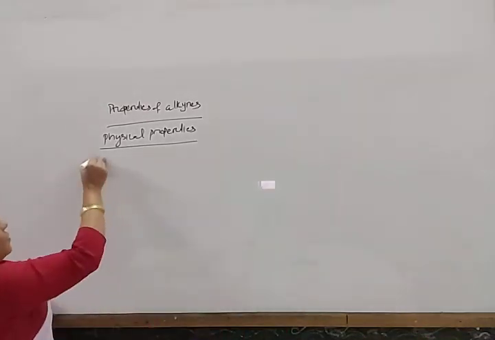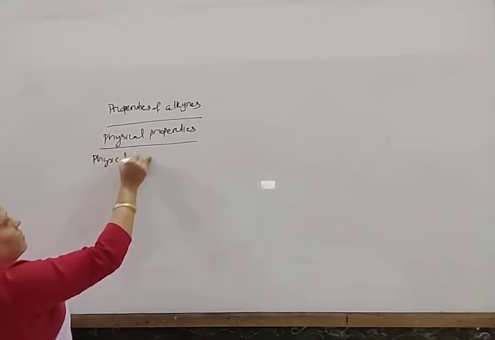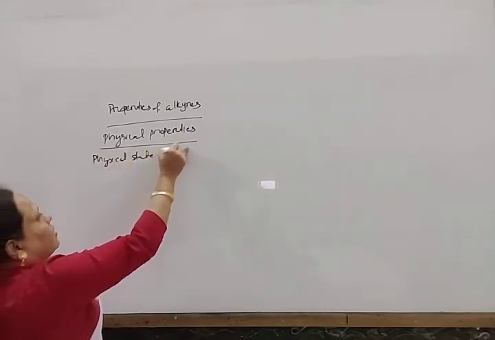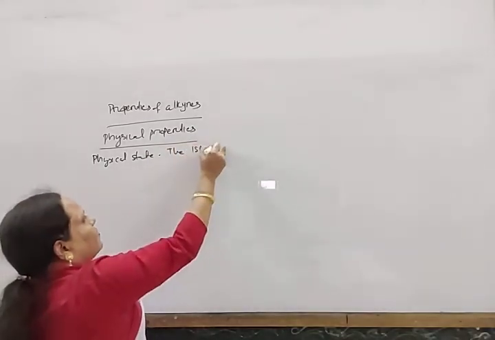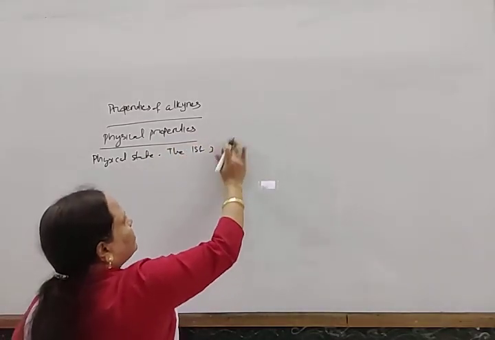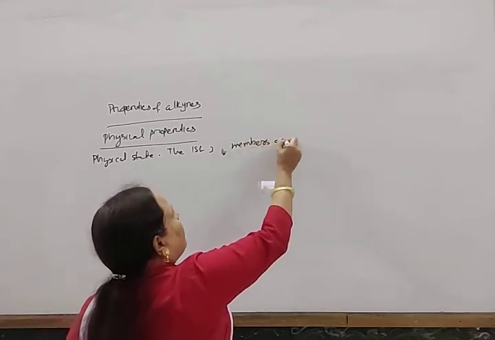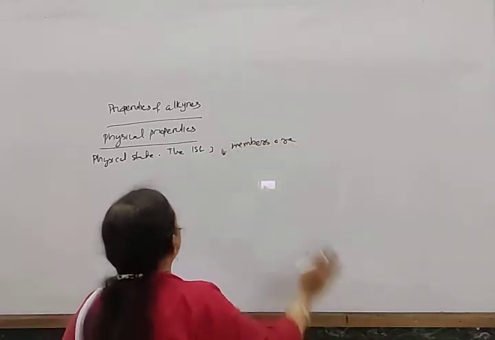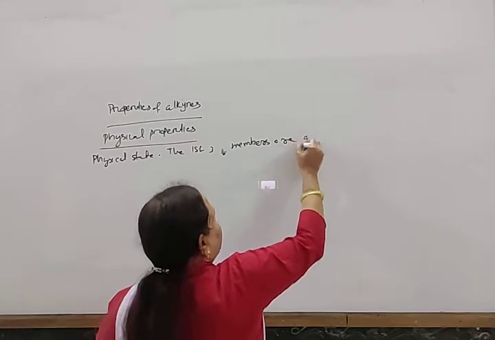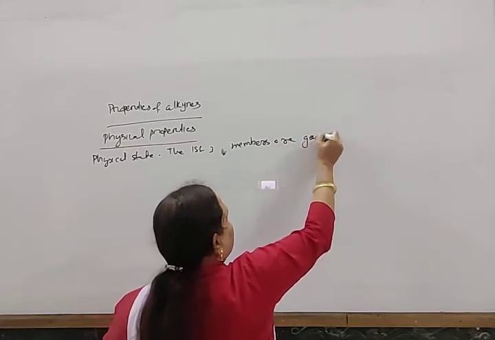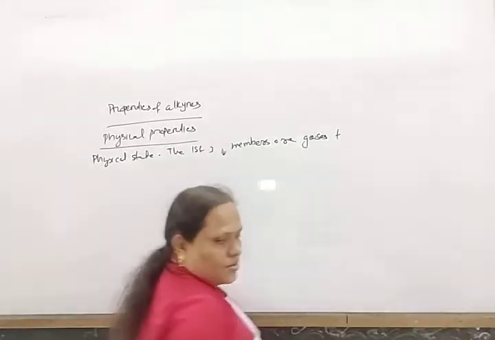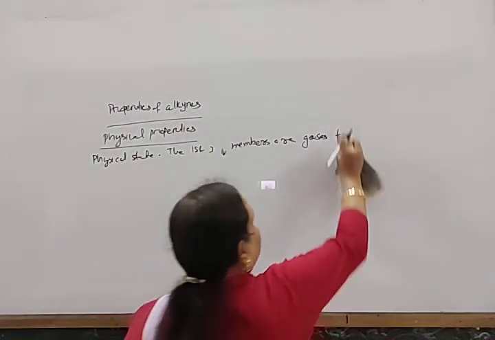So physical state: the first three members are gases. Next, 8 members are liquids.